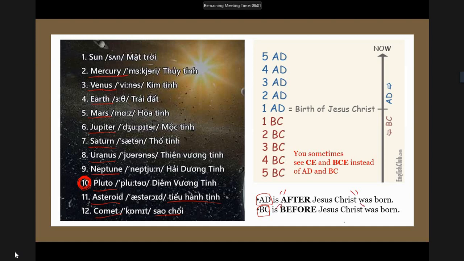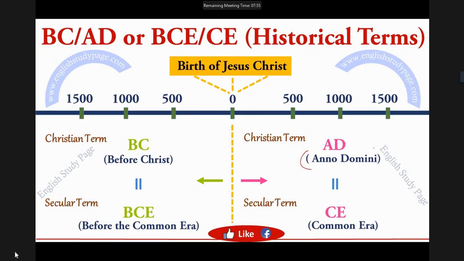It's crucial. AD is actually Anno Domini, and BC is before Christ. And this is the year zero, the birth of Jesus Christ.